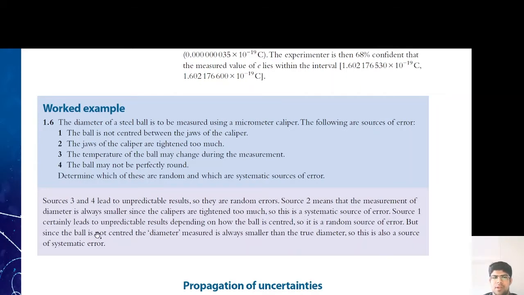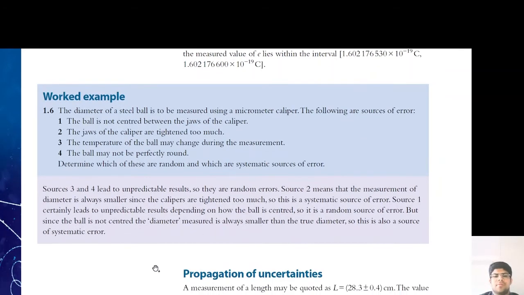Source 1 leads to unpredictable results depending on how the ball is centered, so it is a random source of error, but since the ball is not centered, the diameter measured is always smaller than the true diameter. So this is also a source of systematic error.